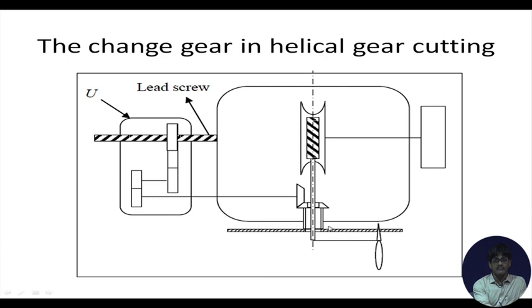The index plate is rotating due to the rotation of the lead screw. Now, you have locked the index crank with the index plate, so that if the index plate rotates, the index crank will rotate, and the worm will rotate, and the worm gear will rotate, and the job will rotate. So, this is the connection seen in 2 dimensions. I hope it will now be easy for you to follow.